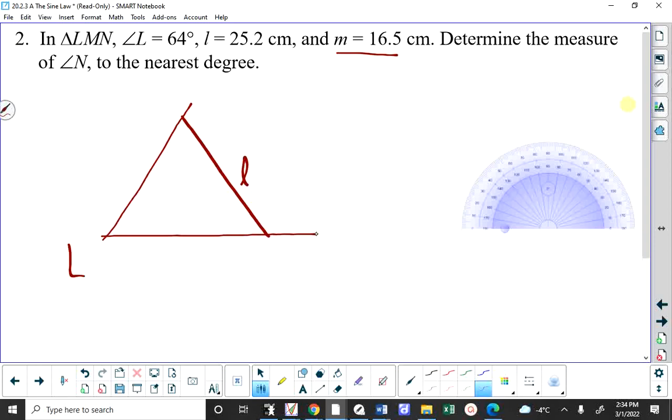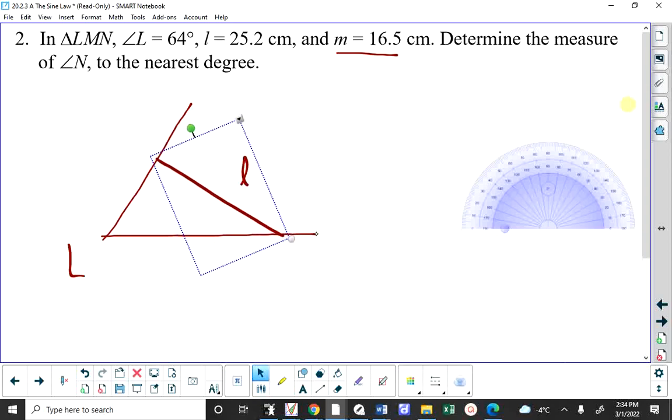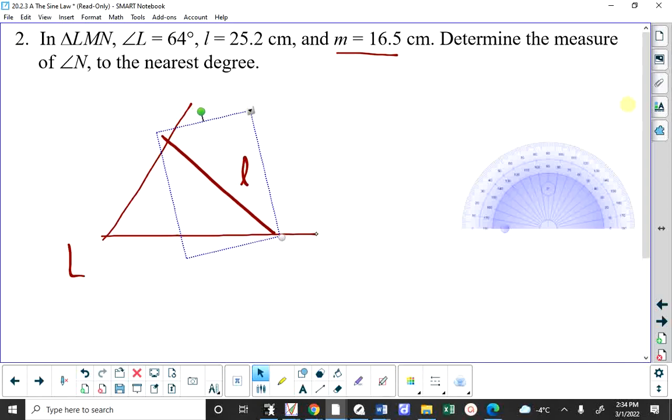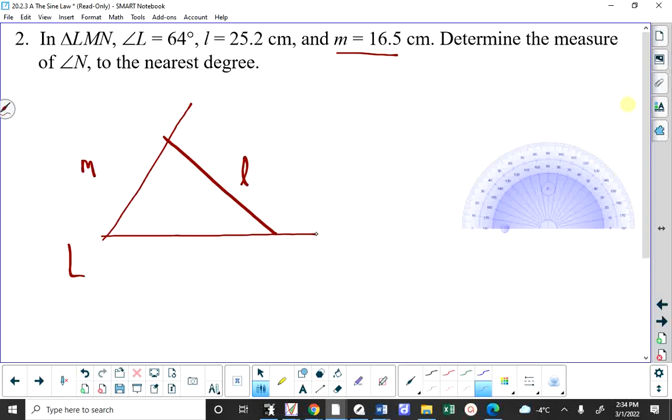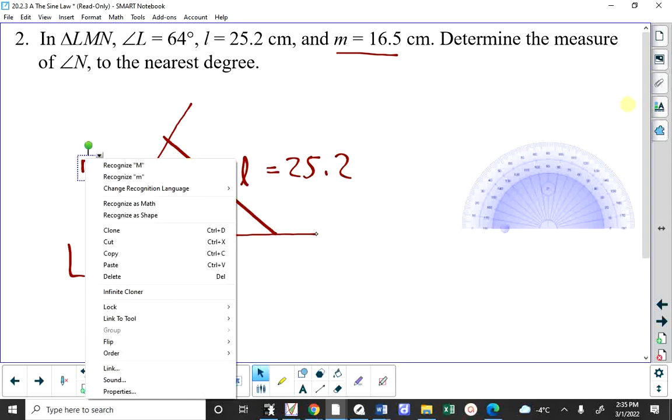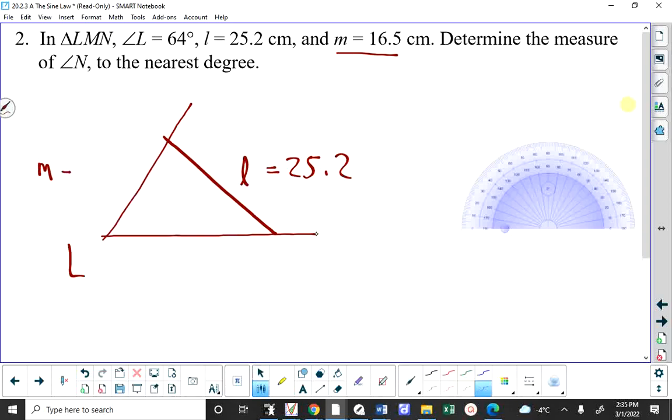So I might decide to angle it slightly, so that then I can say this is M. You don't need to get out the AutoCAD or the drafting tools, but if you're about to say that this is 25.2, then it makes sense that you can get away with saying this is 16.5.